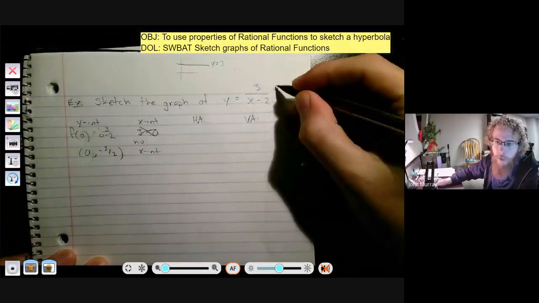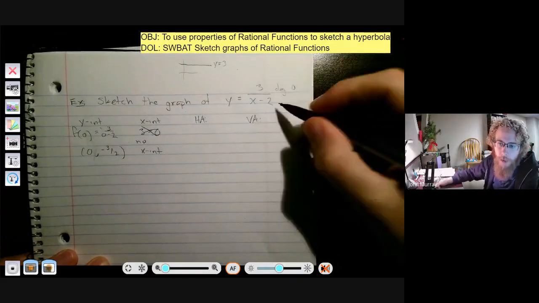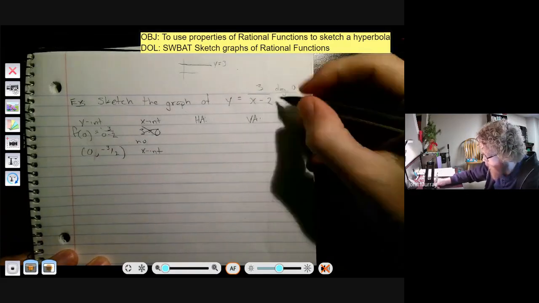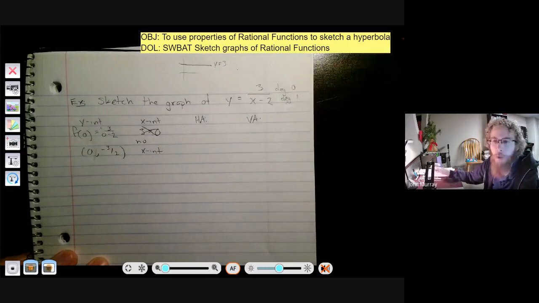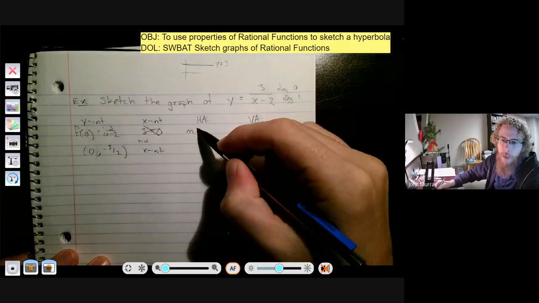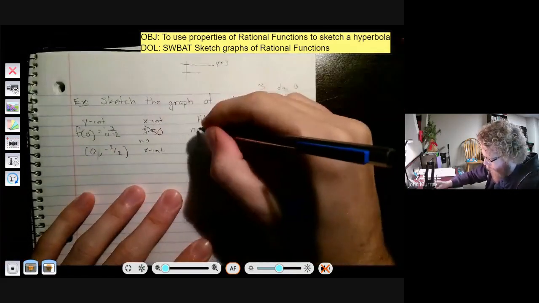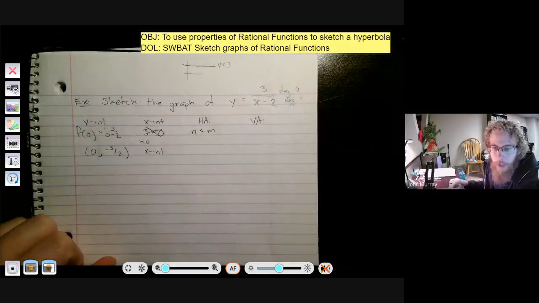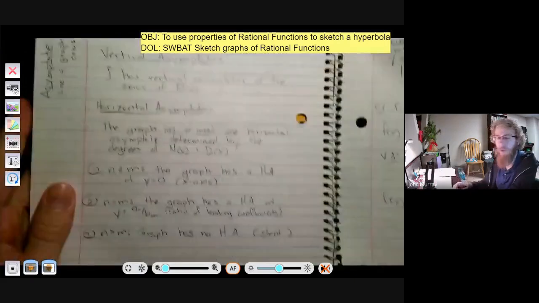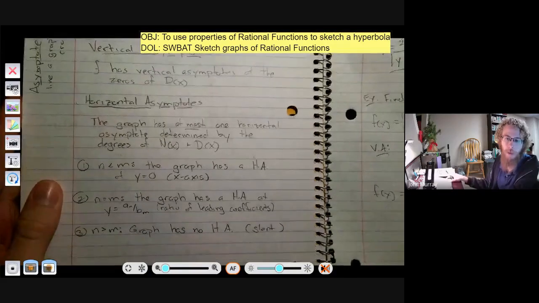Here I have a degree of 0. I don't have an x term, so my degree is 0. Here I have a degree of 1. So my denominator is greater than my numerator, or my numerator is less than my denominator. Just in case I forget, I go back to my rules. Numerator is less than denominator.